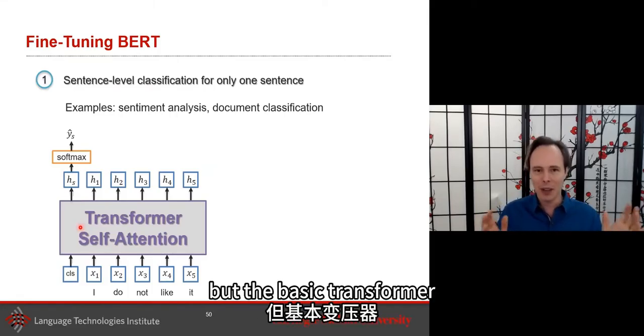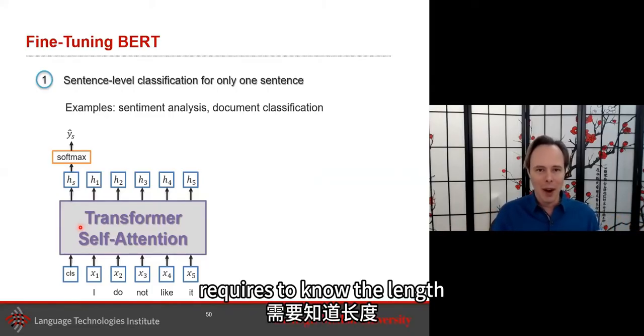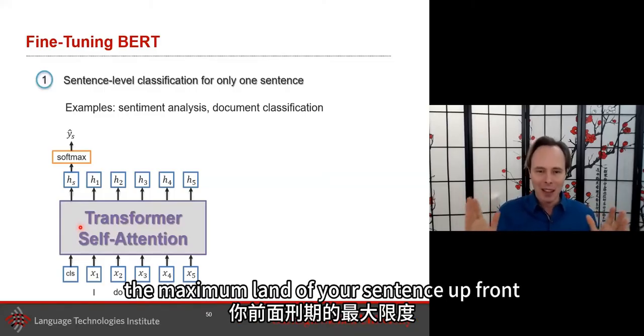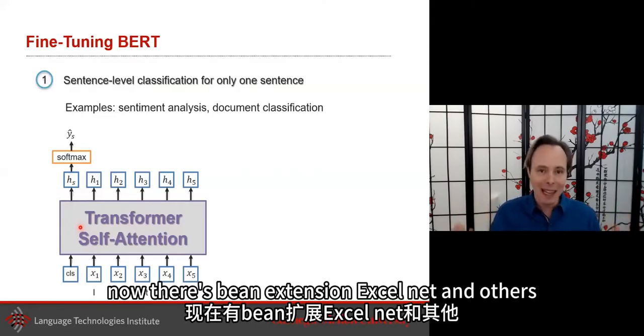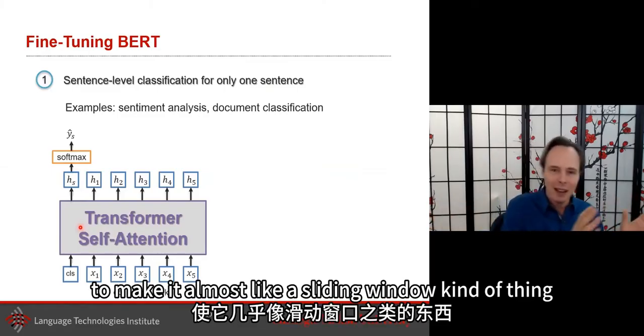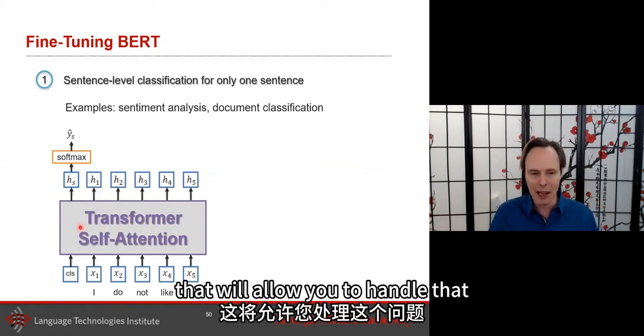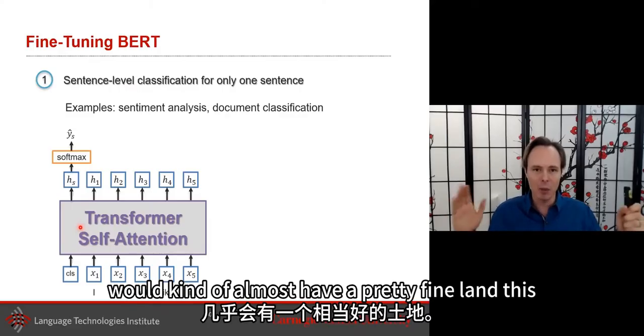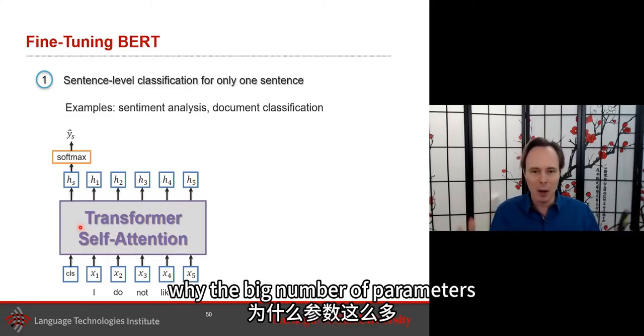But the basic transformer requires you to know the maximum length of your sentence up front. Now, there have been extensions, XLNet and others, to make it almost like a sliding window that allows you to handle that. But the default one has a predefined length, and that's a little bit of why there's a big number of parameters.